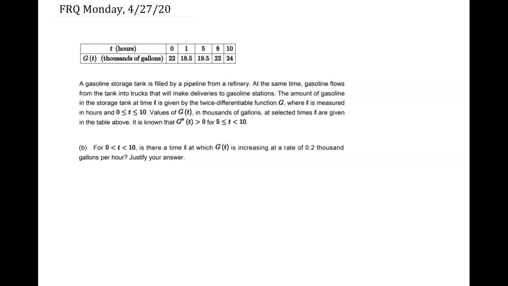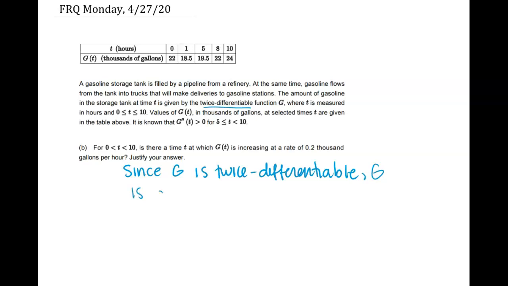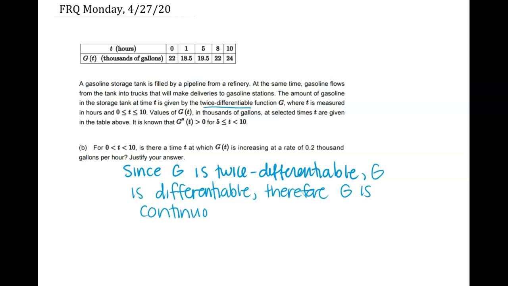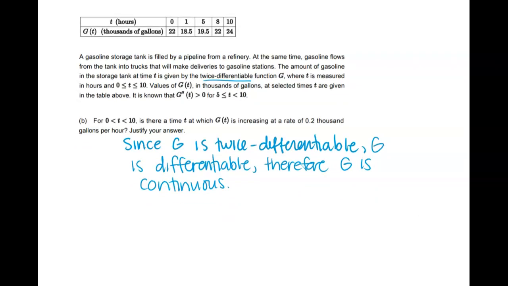So essentially, since g is twice differentiable, because it tells us g is differentiable, therefore g is continuous. Since g is continuous, we can use the mean value theorem, or MVT.